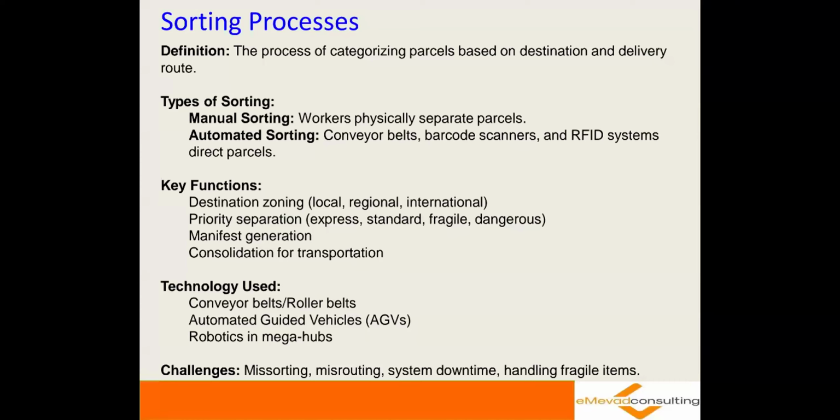The ones that should be delivered in 24 hours or next day, you sort them into it. Standard, that's 48 hours or 72 hours. Fragile items, you move them to a separate sorting area. Dangerous items, move them to a separate location as well and put the correct label on them.